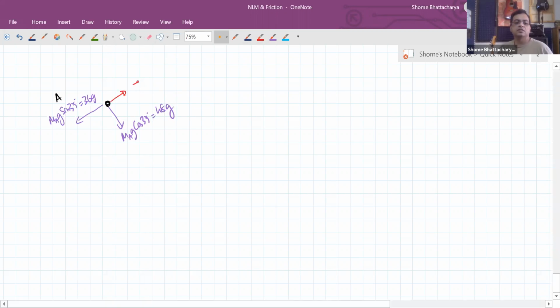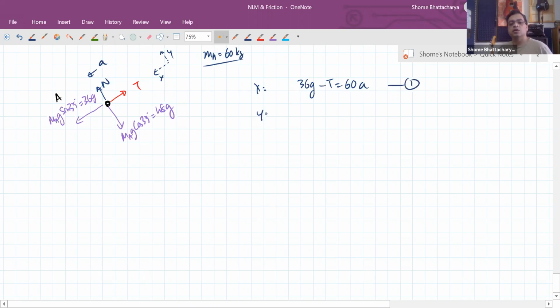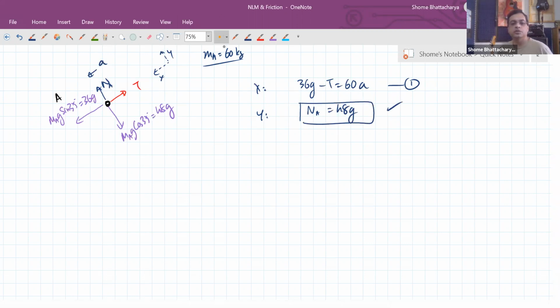We had tension, we had normal reaction, and the acceleration was in this direction. So we'll take this as our x-axis, this as our y-axis. Along the x-axis, we have the equation 36g minus T is equal to 60a, because remember the mass of A was 60 kg. So that's our equation 1. And along our y-axis, of course, we have the normal reaction balancing 48g. This equation is complete on its own. We don't need to do anything.